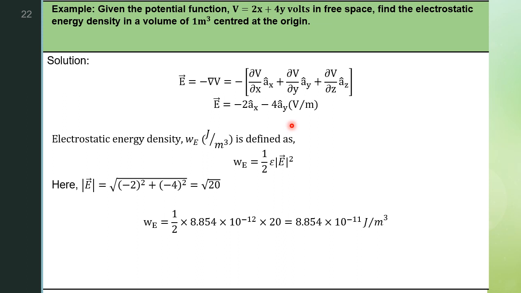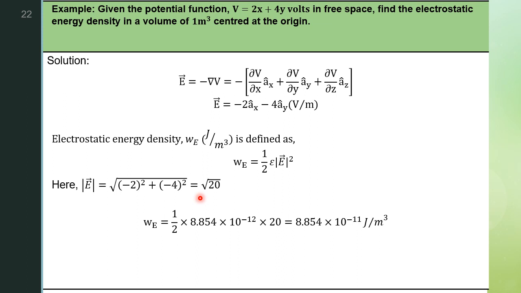Now, the electrostatic energy density is the energy per unit volume. We have already seen the expression small w_E is equal to half epsilon into magnitude of E squared. First we find the magnitude of E, which is the root of minus 2 the whole square plus minus 4 the whole square, so magnitude of E is root of 20.